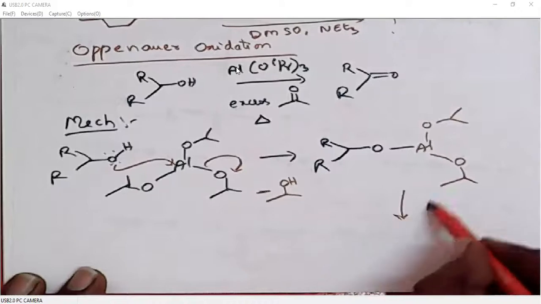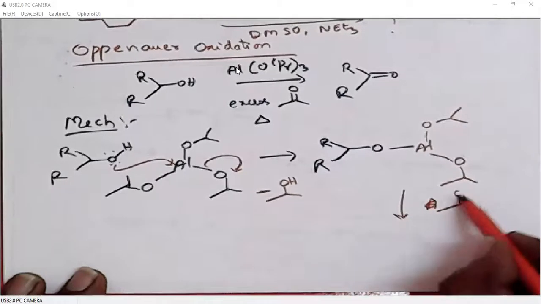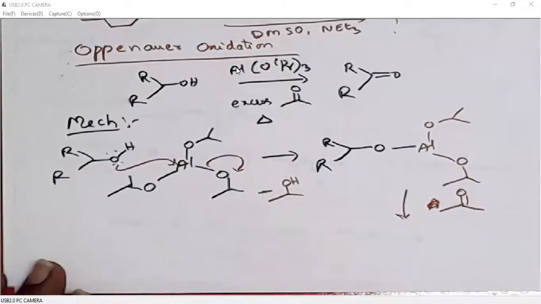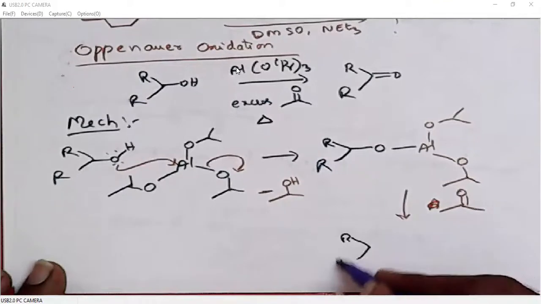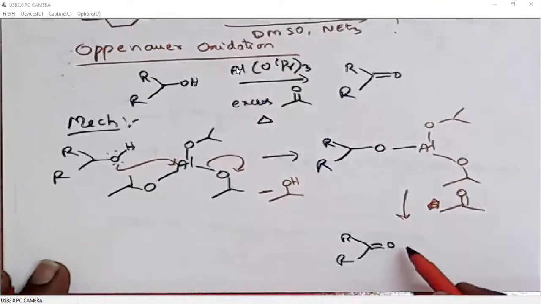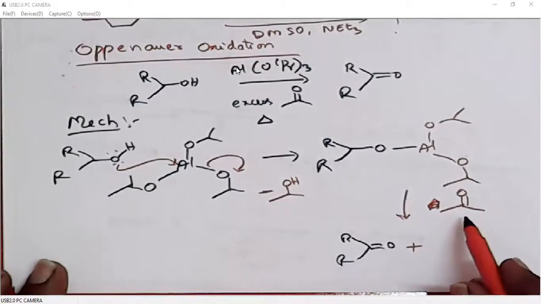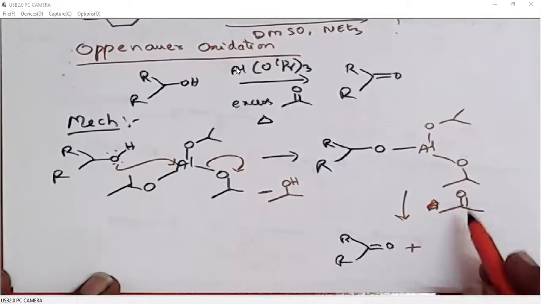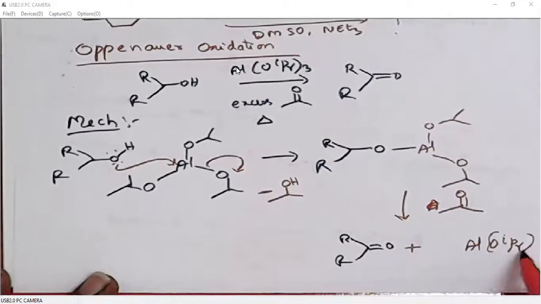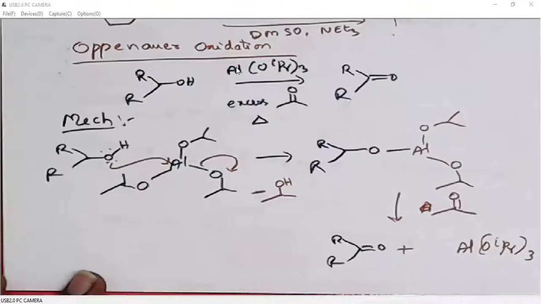to this molecule, what happens? This alcohol will be oxidized to ketone, and acetone will undergo reduction to get isopropanol. That isopropanol again will regenerate aluminum triisopropoxide.